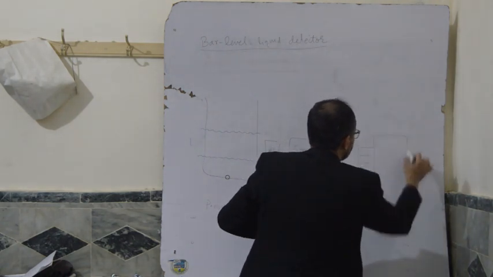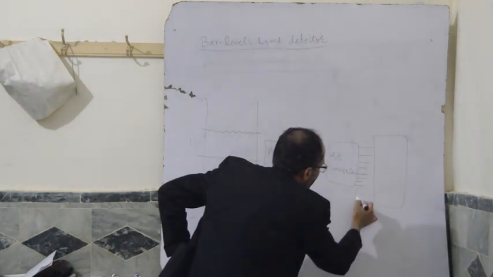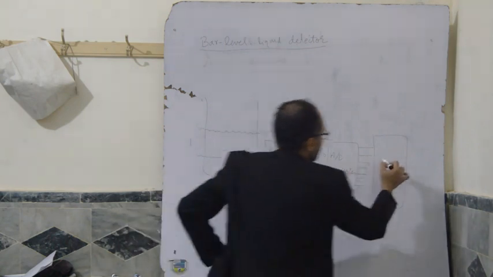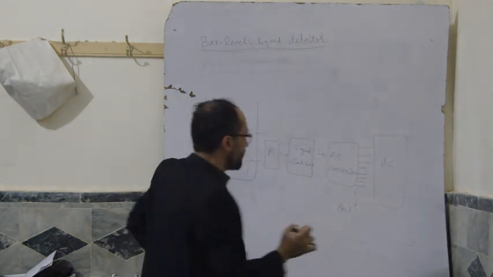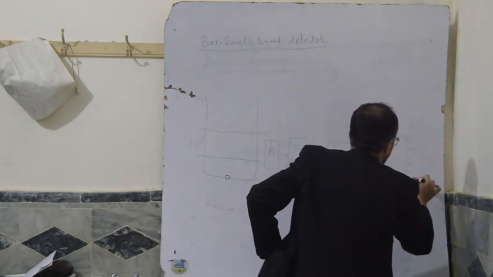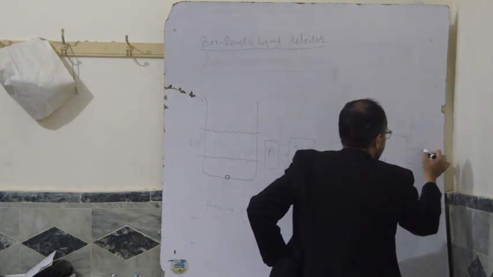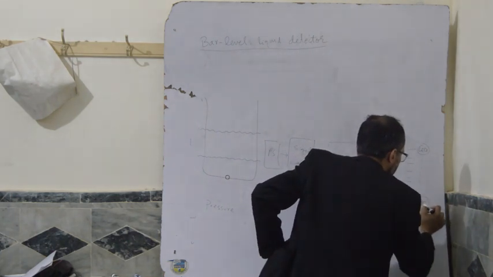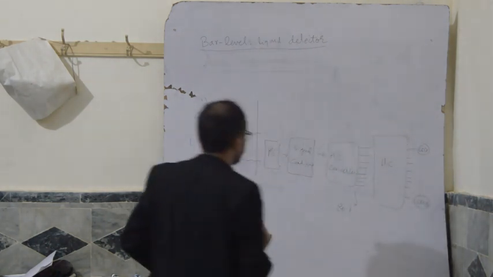Let's assume that this output of the A to D converter is an 8-bit data. Then we will use a microcontroller. The microcontroller will process this data, and then we can use 8 LEDs, LED 1 up to LED 8.